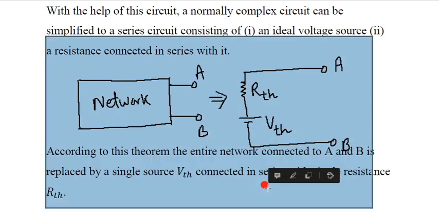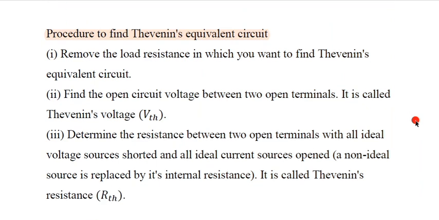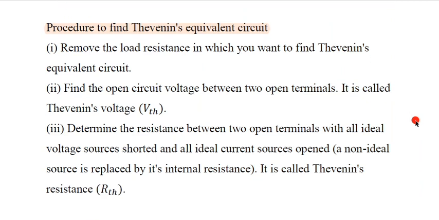Now let us move ahead and discuss the procedure, how to convert any complex network to the Thevenin's equivalent circuit. First, we remove the load resistor in which we want to find the current. For example, if you are asked to find the current through any resistor, that resistor is regarded as the load resistor, and you remove it from the circuit.